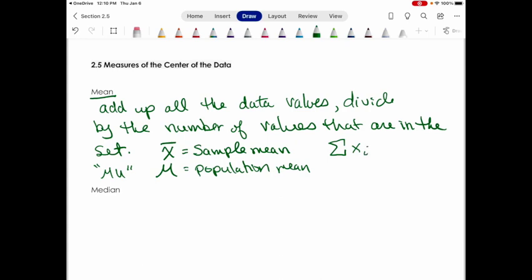You'll have the sum, where xi represents all the data values, and then you divide by n, which is the number of data values. So this is just a fancy formula for saying the same thing that I said up here in words. This means add up all the data values, and this means divide by the number of values you have in your set.